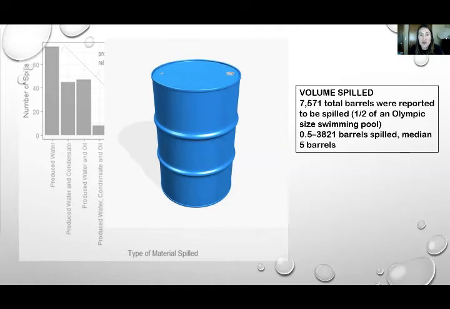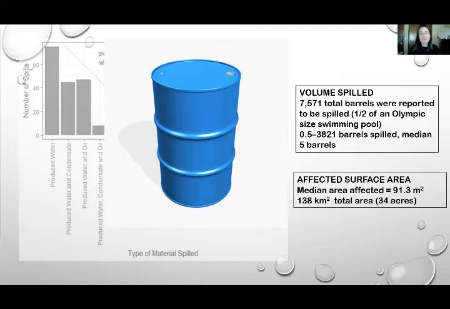It ranged from half a barrel to just shy of 4,000 barrels. But the median spill size was 5 barrels, so tending towards the lower end of the numbers. And so there were some extraordinary spills that occurred during this year, and usually you have a few of those every year.